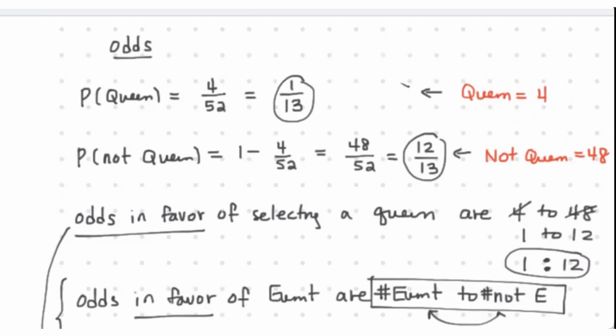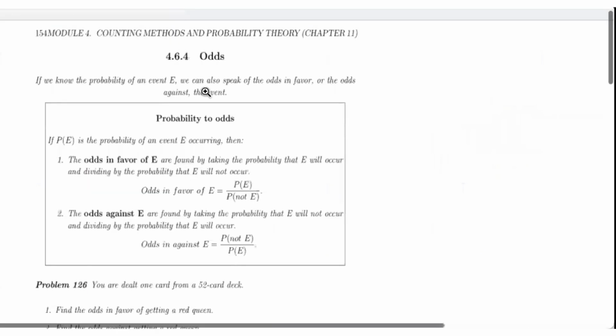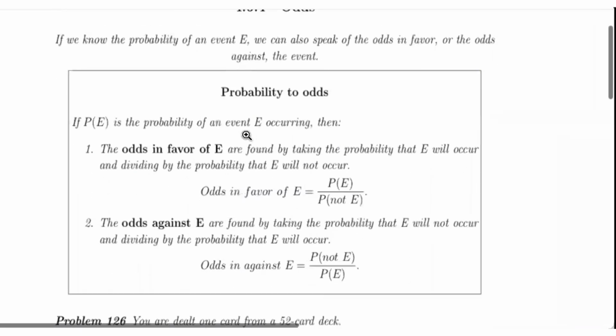All right, so let's look at the next page, odds. If we know the probability of an event, we are able to find the odds in favor and odds against. Odds in favor is the probability of the event over the probability of not the event. We do not want to use this, because in practice we don't use it.